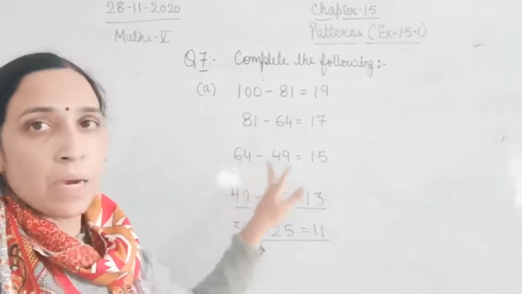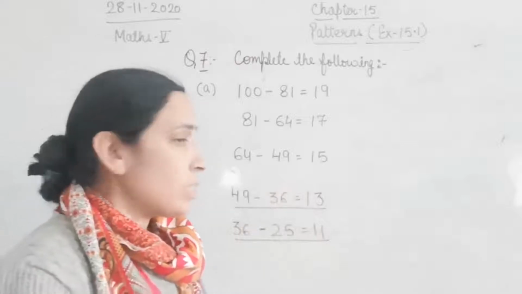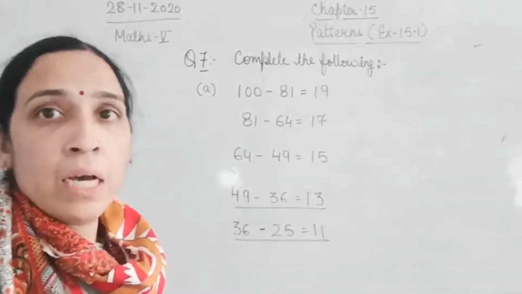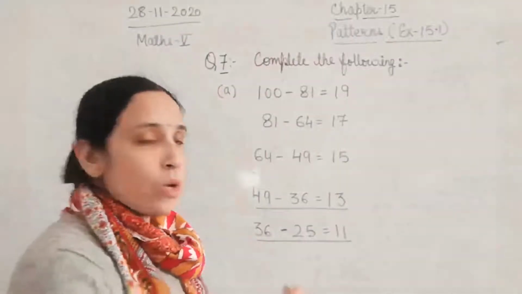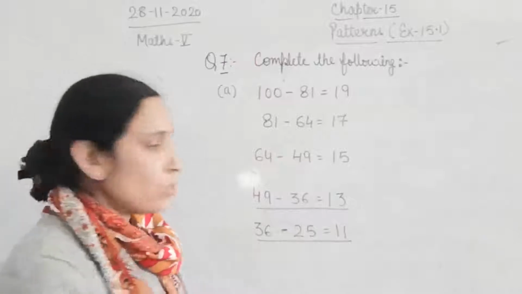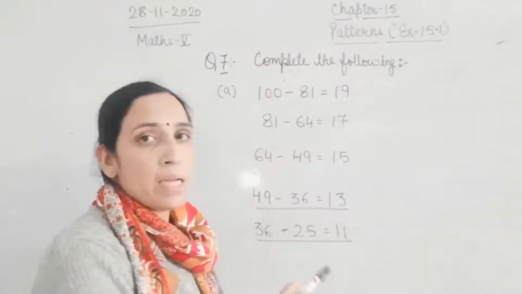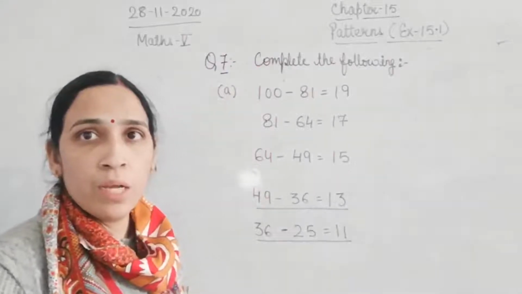Square of 8 minus square of 7, you will be getting 15. Square of 7 minus square of 6, you will be getting 13, and then square of 6 minus square of 5, you will be getting 11 over here.